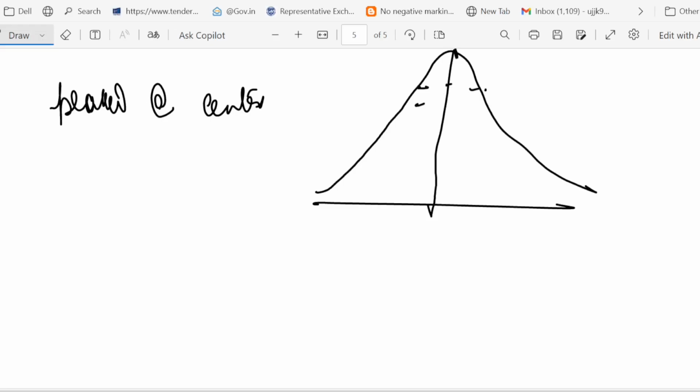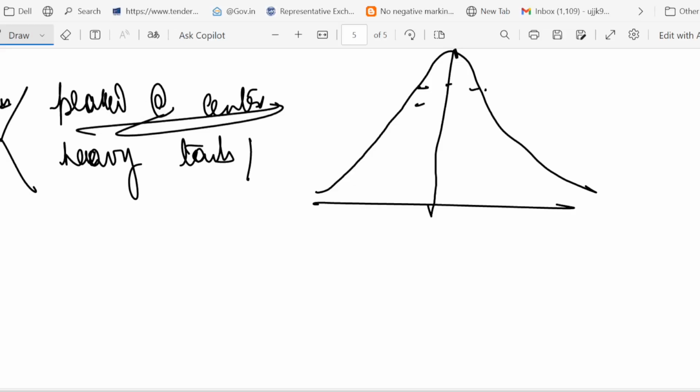But it also has a fat and heavy tail, which means more chance of extreme events like big gains or big losses. That is called high kurtosis. So high kurtosis means two things: it is peaked at the center, which means most values are close to the average, and it also has fat or heavy tails, which means more chance of extreme events.